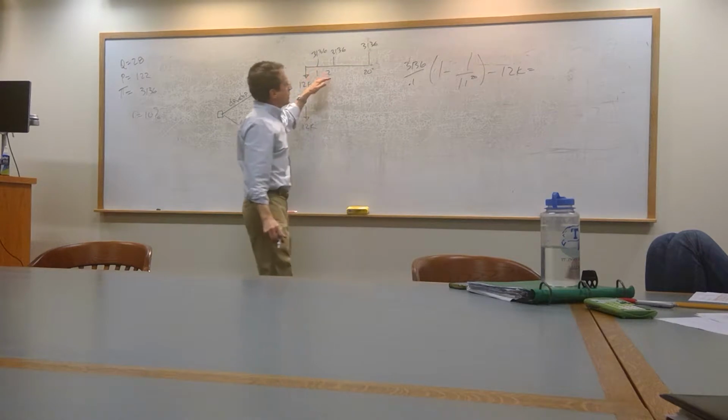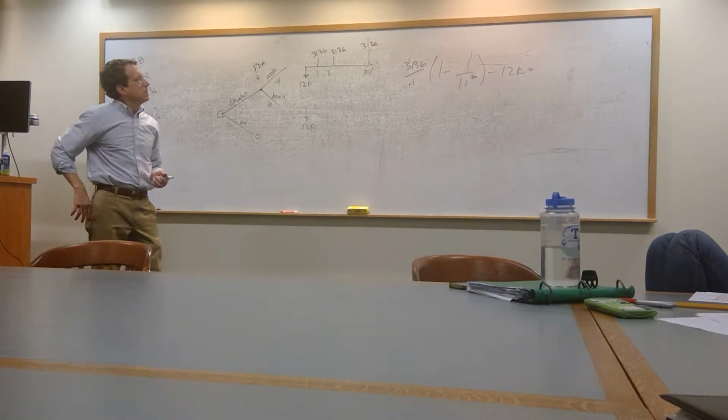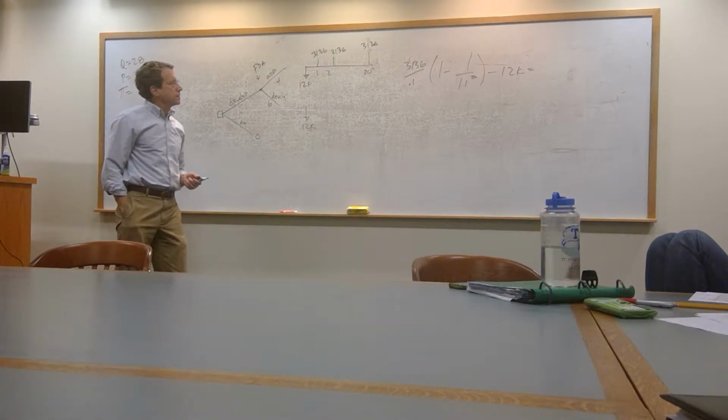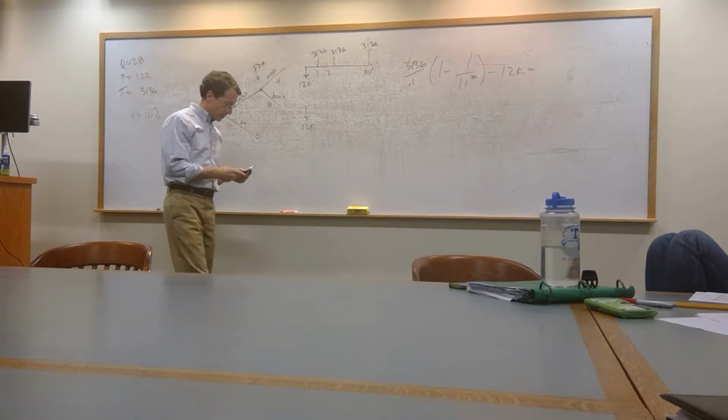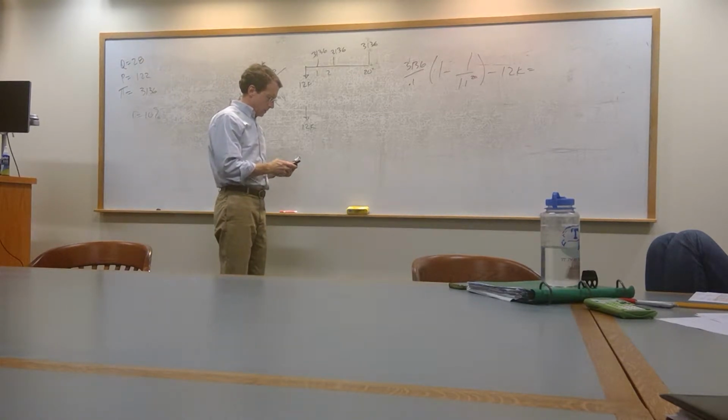So the present value of this is the usual thing, 3136 for 20 years. The interest rate is 10% there, so be sure not to overlook that.